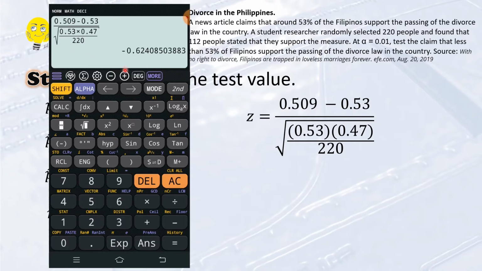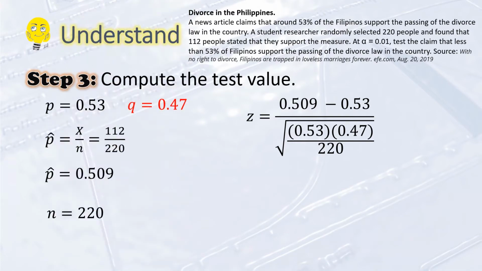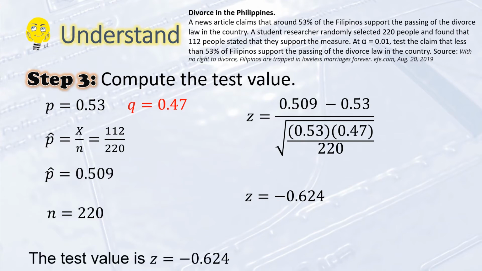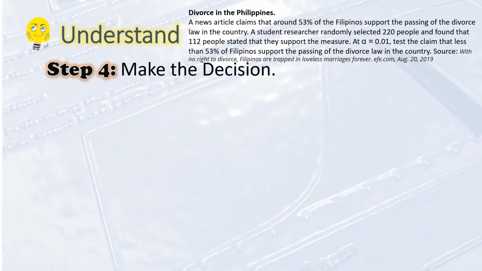Press equal sign, then this is negative 0.6240. Then the z-test value is negative 0.624. Now we proceed to step 4, and that is making the decision.